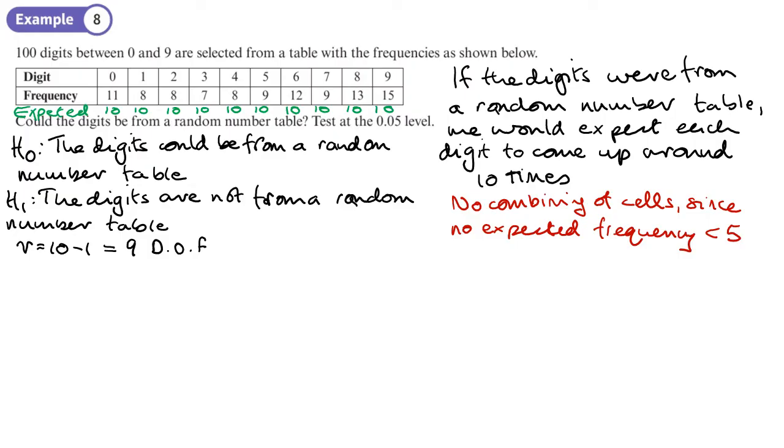We'll use that when we look up the critical value in a moment, but now we're going to work out our value for x squared. So x squared is the sum of the observed squared over the expected, minus n, the number of observations.